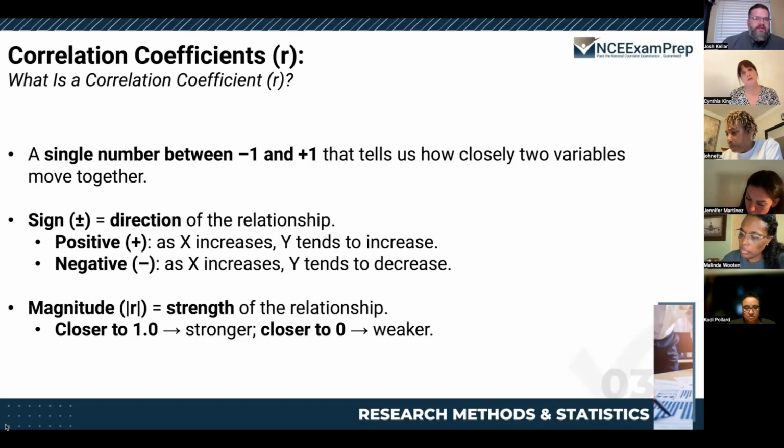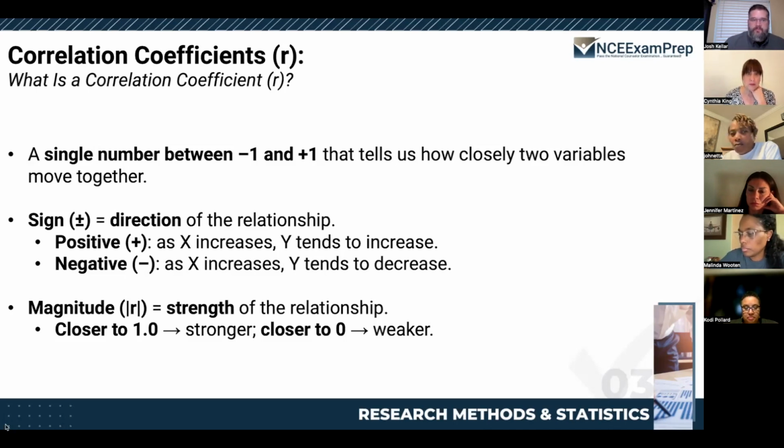Okay. So what is a correlation coefficient? The coefficient is a single number between -1 and +1 that tells us how closely those two variables move together. Okay, so if every time I took a step, I also breathed, that would be a perfect correlation, 1 to 1.